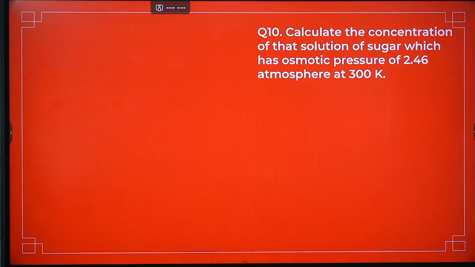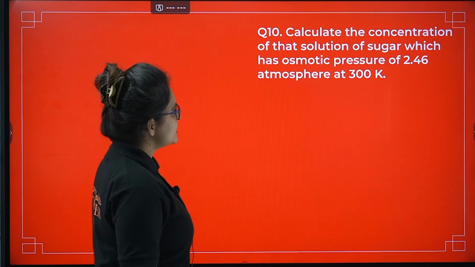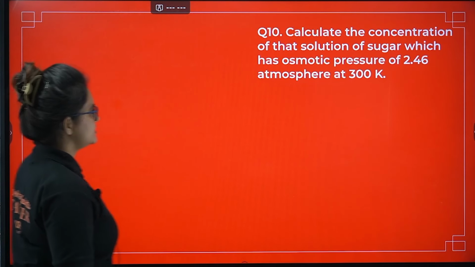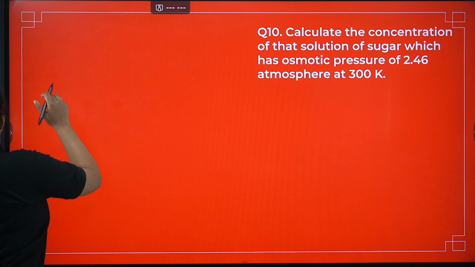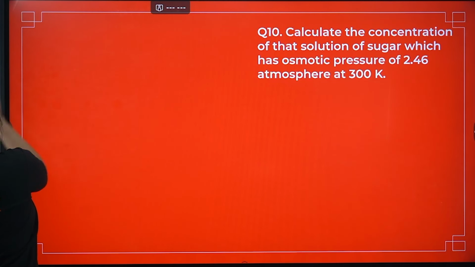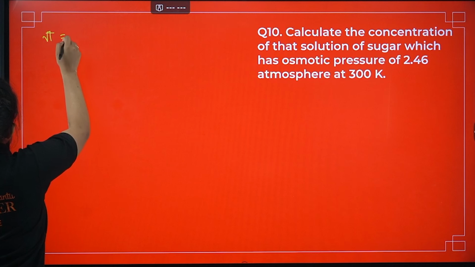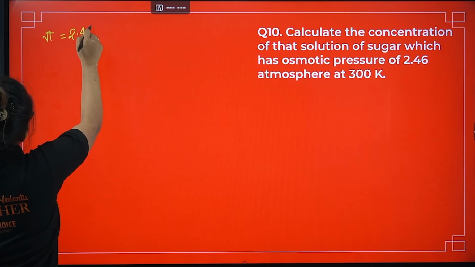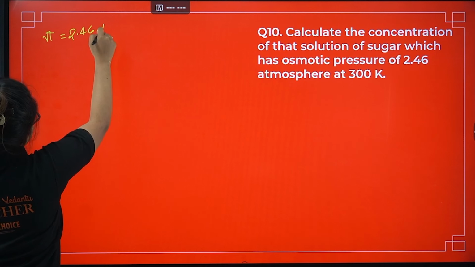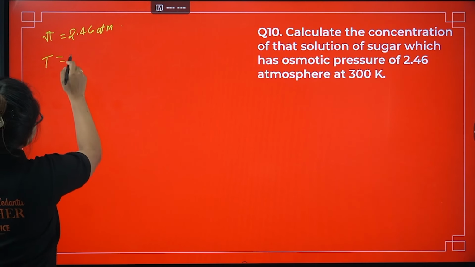Let's go ahead. Calculate the concentration of that solution of sugar which has osmotic pressure 2.46 atmosphere at 300 Kelvin. Okay, let's do it. For this case, the osmotic pressure pi is 2.46 atmosphere, right? Temperature is 300 Kelvin.